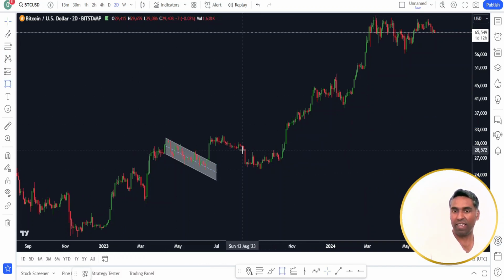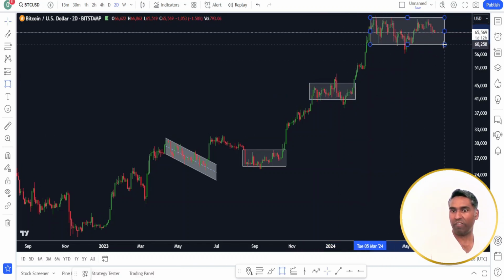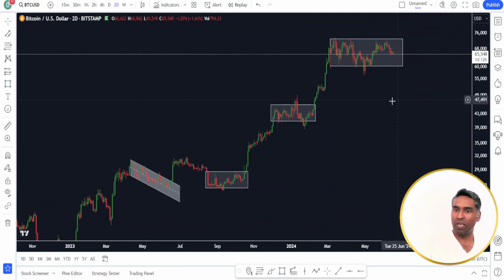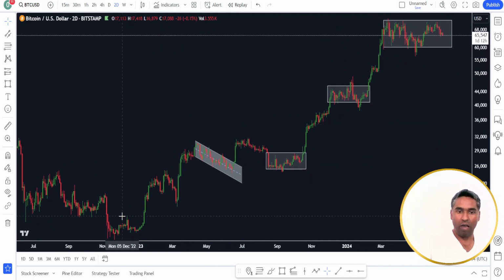This area here, this is a rectangle. This area here, it's a rectangle. And this area here, currently BTC is again in a rectangle form, which is a continuation pattern. We will have to see if this price moves up, but these are the patterns we can see in the uptrend.